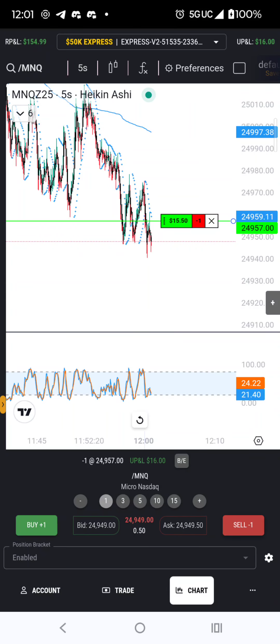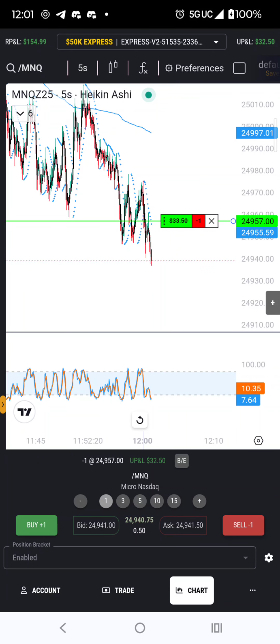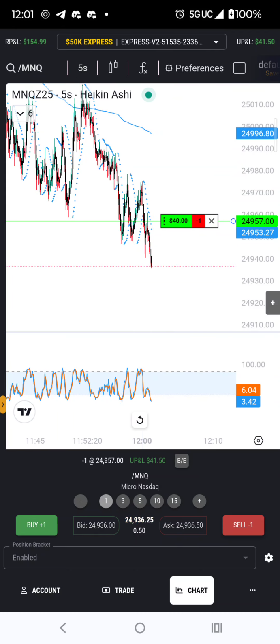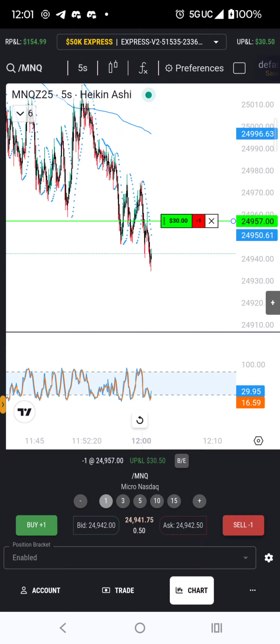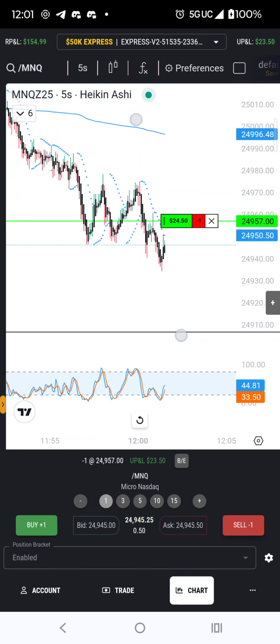We're headed home. I don't think we've been in drawdown for more than a few seconds out of this entire time. And we're not even looking at the overall map as we're doing it.